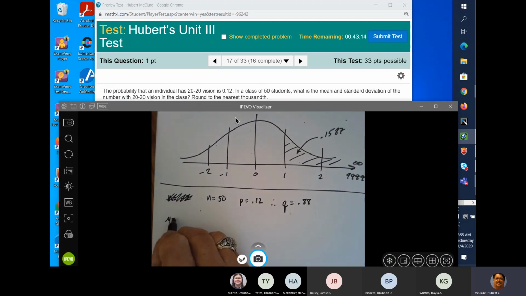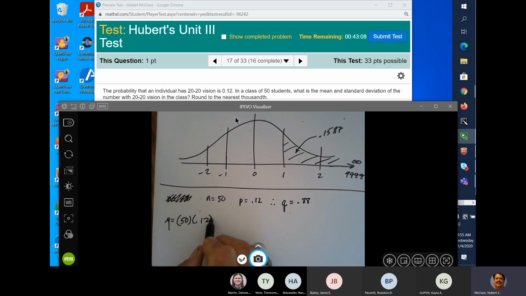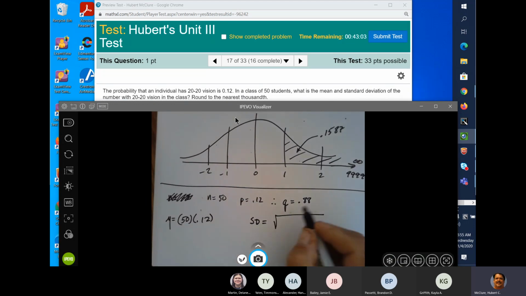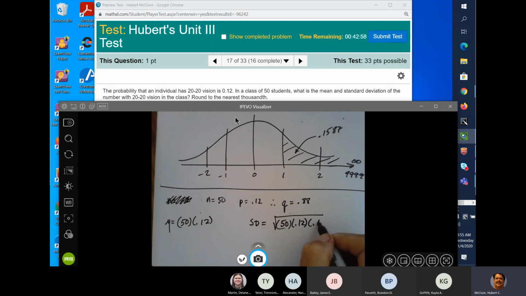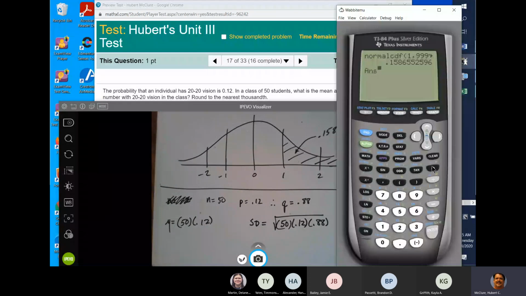And the mean is equal to 50 times 0.12. And the standard deviation is equal to the square root of 50 times 0.12 times 0.88. So get your handy dandy calculator. Clear, 50 times 0.12. So the mean is equal to 6.